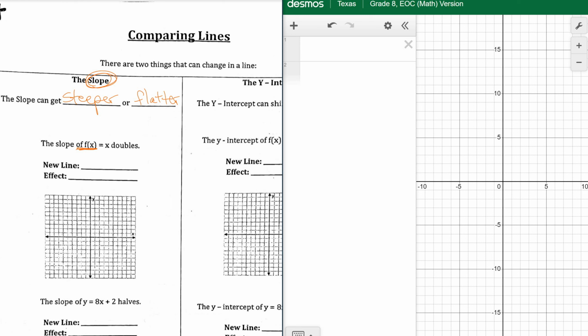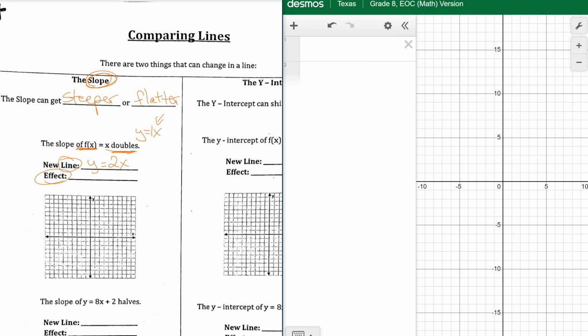If the slope of f of x doubles, what would that look like? Well, we know the original line is y equals x. That's the parent function of a straight line, y equals x. So the new line, if we double the slope, right now there's a 1 in front of the x. That's the normal slope, 1 over 1. If we double it, now it's going to be y equals 2x.